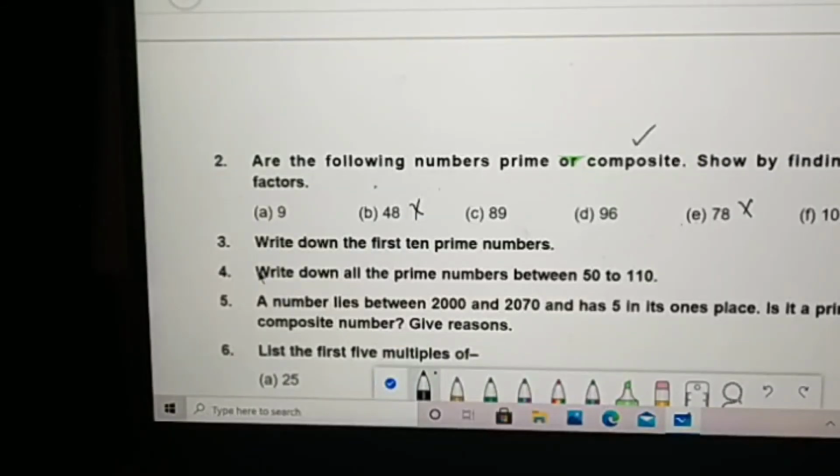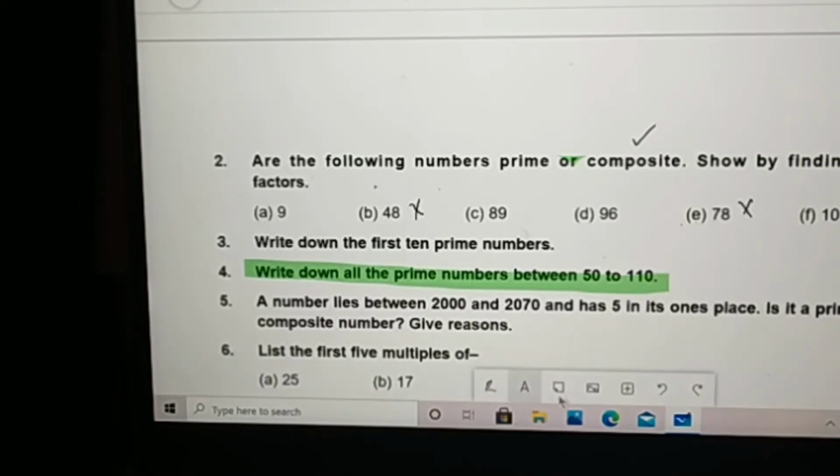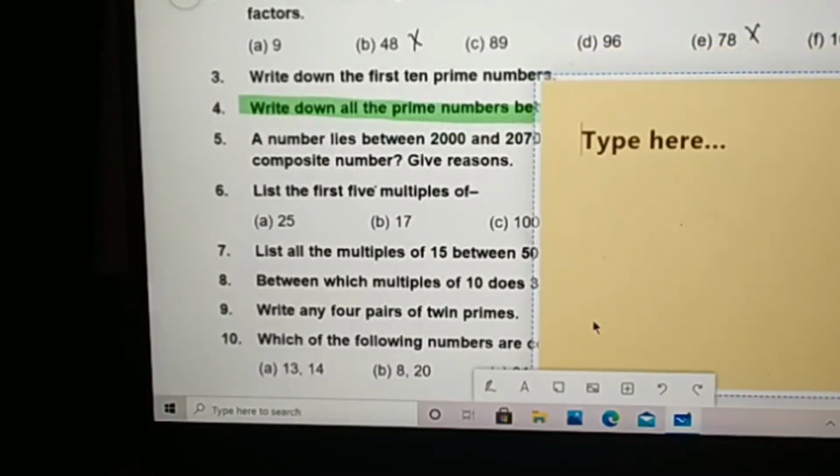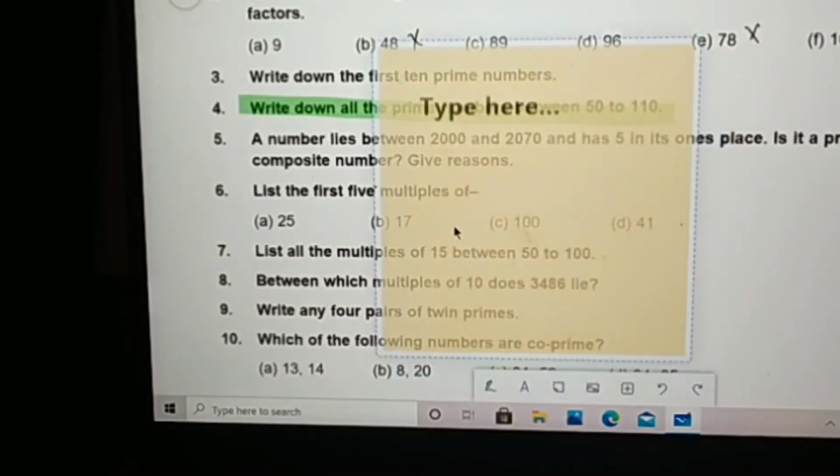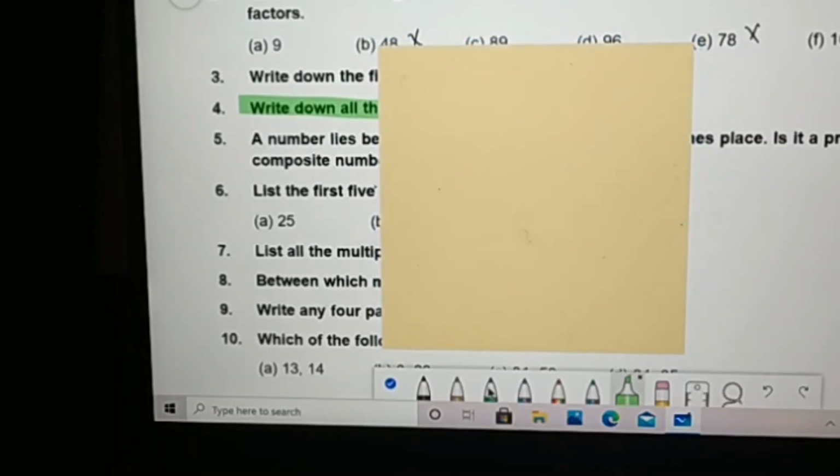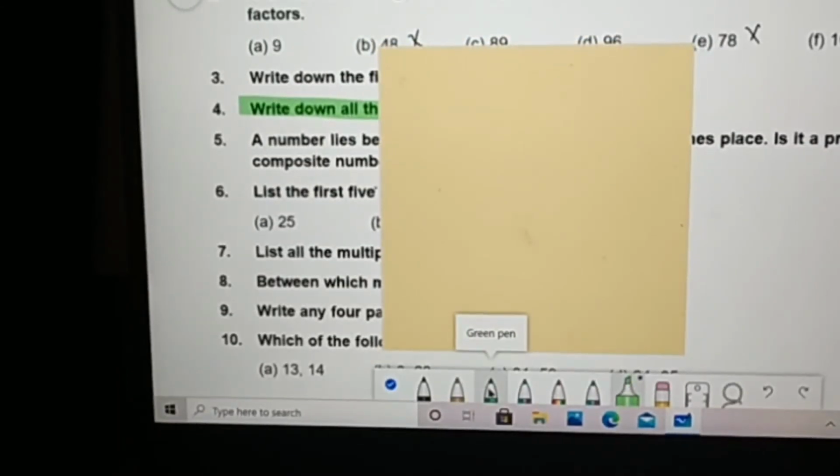Okay. So now see the fourth question. The fourth question is you have to write down all the prime numbers between 50 and 110. So in our note we have to check all the prime numbers between 50 and 110. We will not consider any even number, we will check all odd numbers.